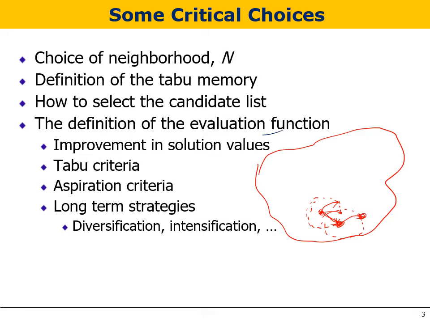And the thing is, during these jumps the objective function value may be worse. So let's assume that we are maximizing. We may start with an objective function value of 50 over here. Then in the new neighbor it can be 70, so there's an improvement. Then when we are going from the second one to the third one, it may reduce to 30. A worse solution, and it's allowed here.